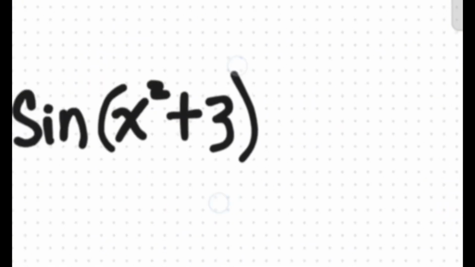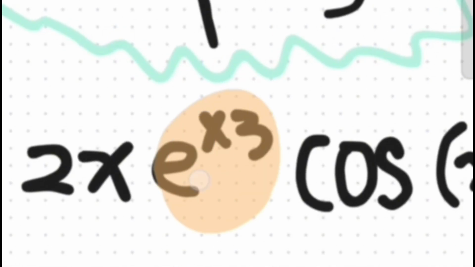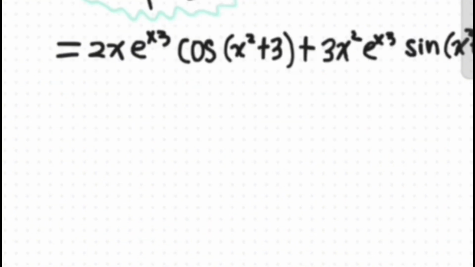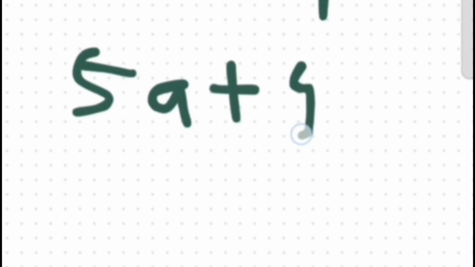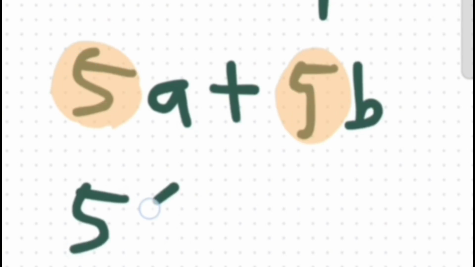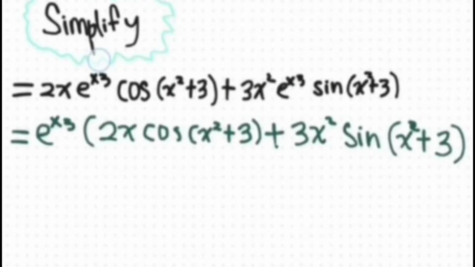So we need to take the e to the power of x cubed outside. Why? Because for example, 5a plus 5b, the 5 is the same, so we can take the 5 out and leave the a plus b inside. So our final answer will become like this.